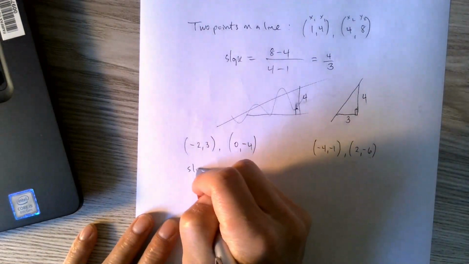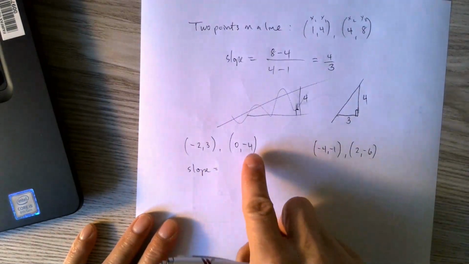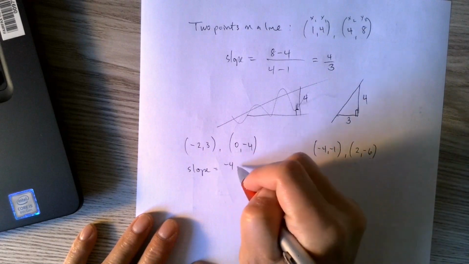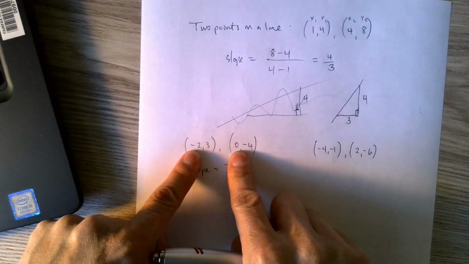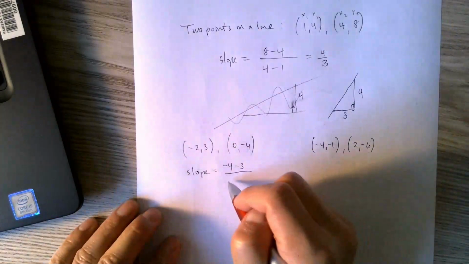Okay, so here we have the slope being negative 4 minus 3 over 0 minus negative 2.